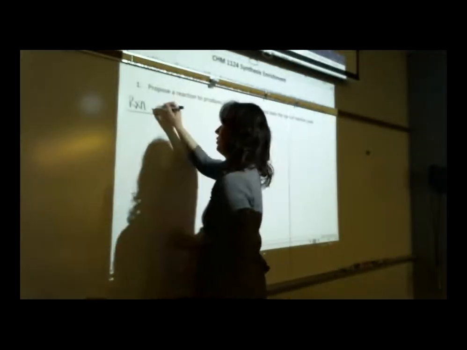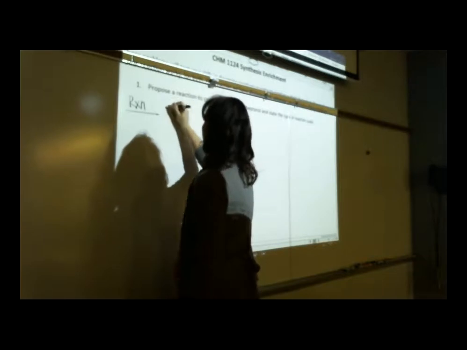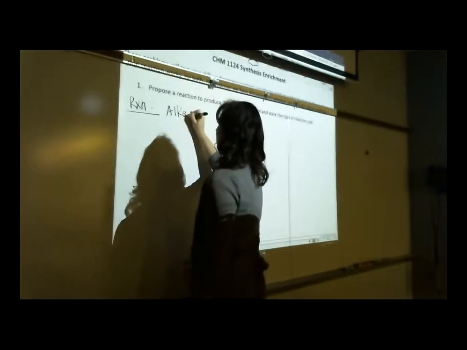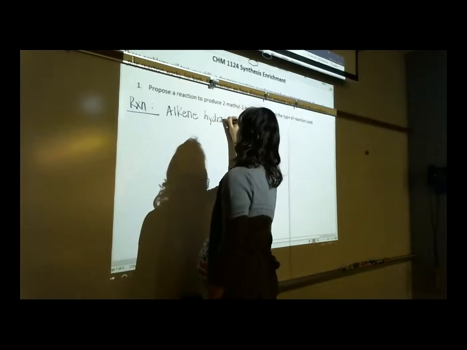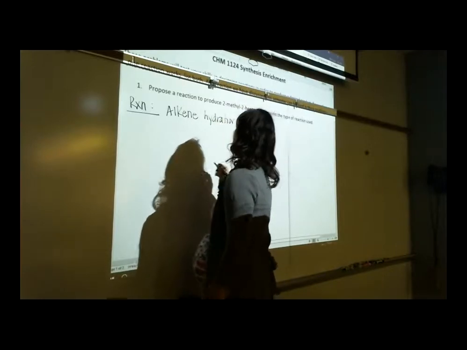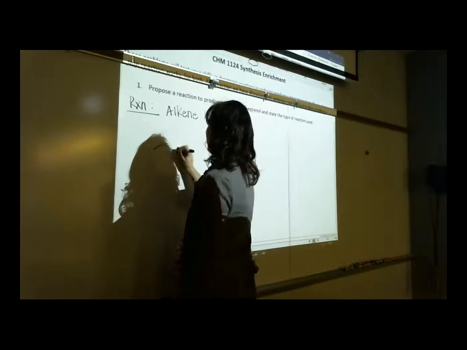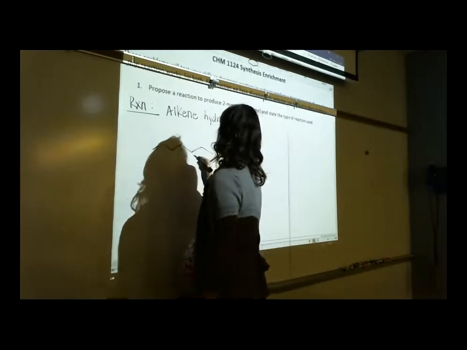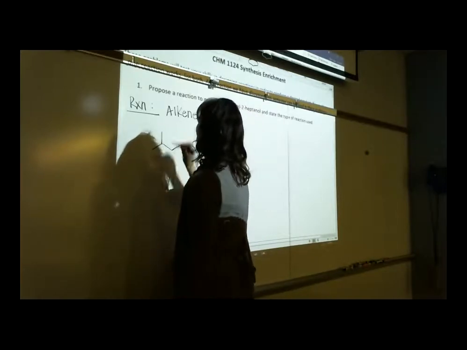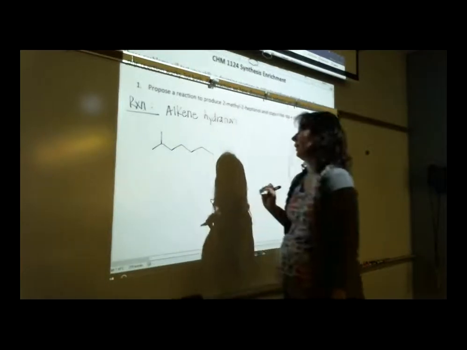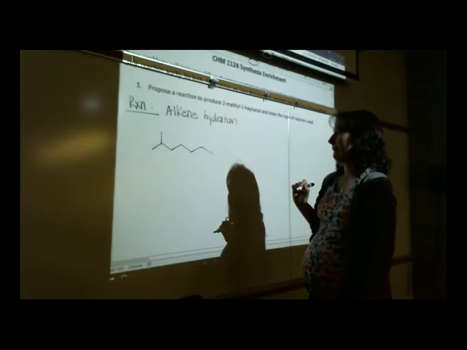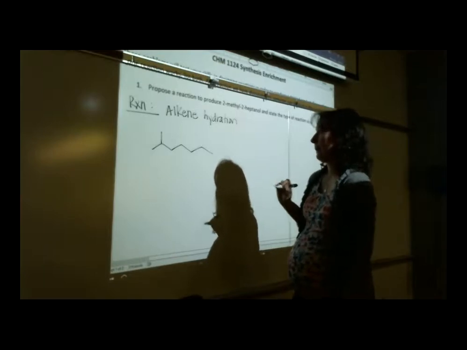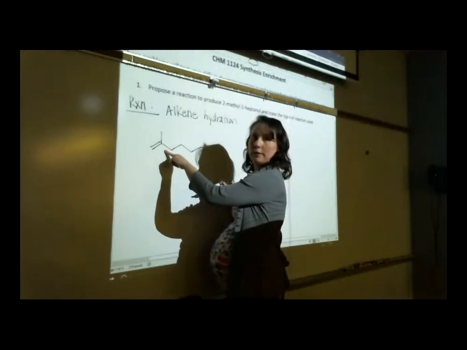Yeah, alkene hydration. So you want 2-methyl-2-heptanol, 1, 2, 3, 4, 5, 6, 7. Where does the double bond need to be? On the left. Would it work the same if you had it on the right?